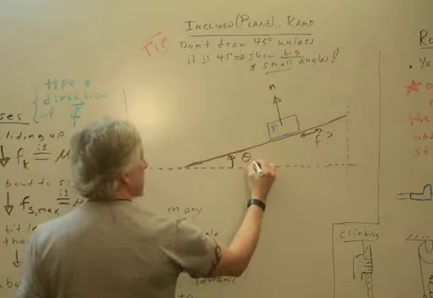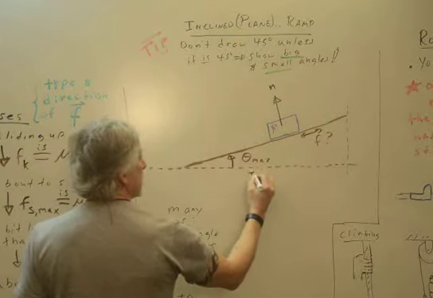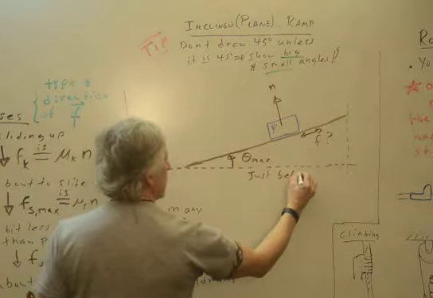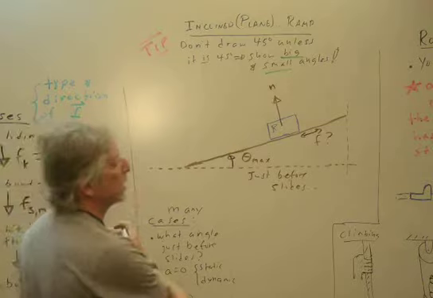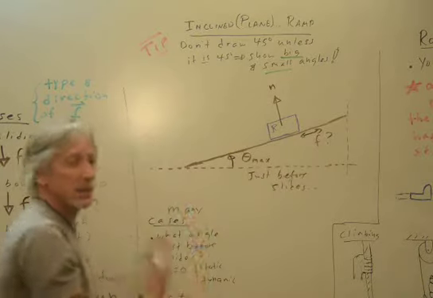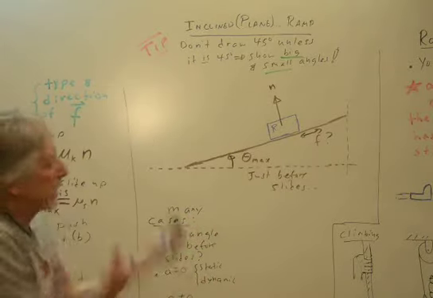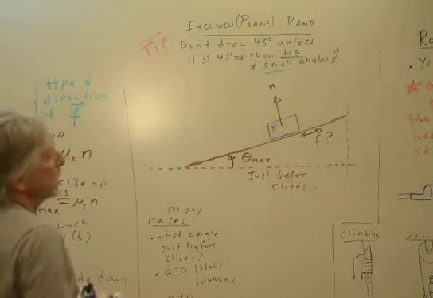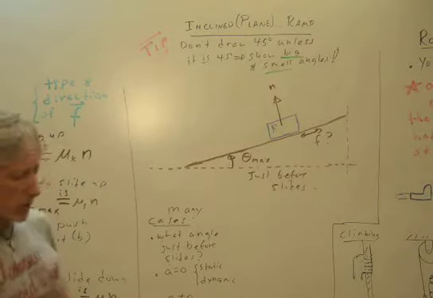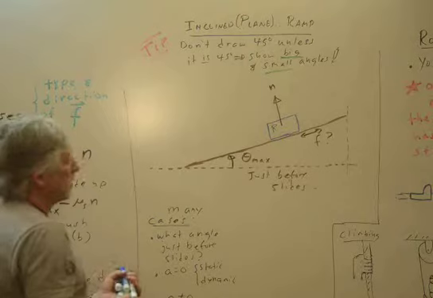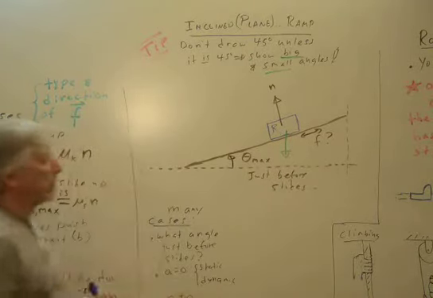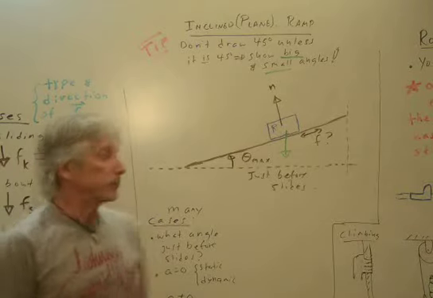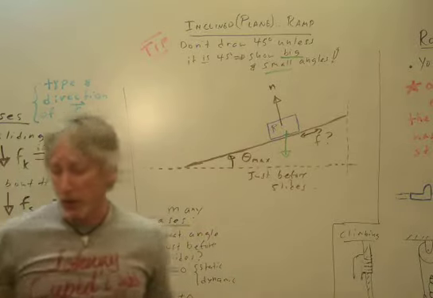So maybe that's theta max just before it slides. But again, it could be moving up, it could be moving down, it could be accelerating, it could not be accelerating. All those cases, think physics and you put it in. Now in terms of forces, there's only one more force and you know what that is. There is the force of gravity.